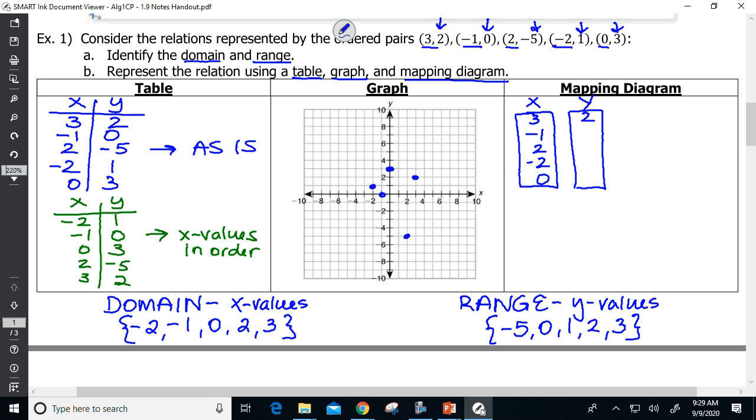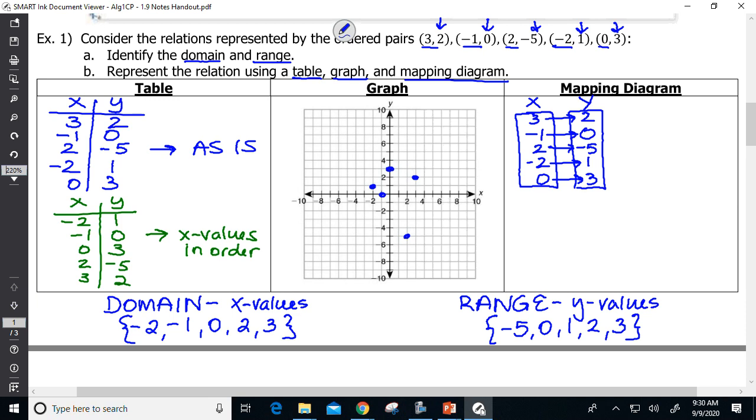The y values go in the y rectangle. Now what makes a map different from a table is that you draw arrows to the number it is assigned to. That's the difference between a map and a table. Maps have arrows, tables don't. That's the only difference.